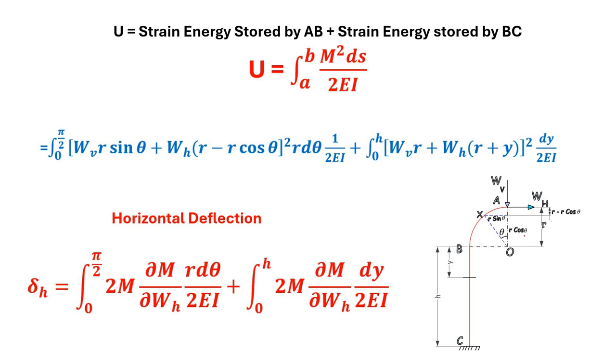So the strain energy is equal to the integral of M square ds by 2EI. Now you have the expression from 0 to pi by 2, having the expression WV, WH into r d theta. So ds is r d theta, divided by 2EI.